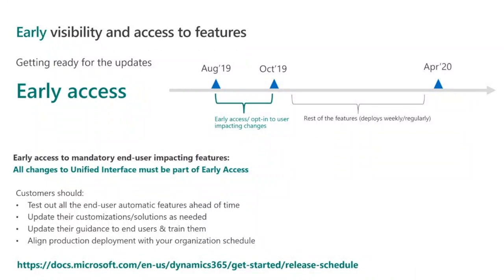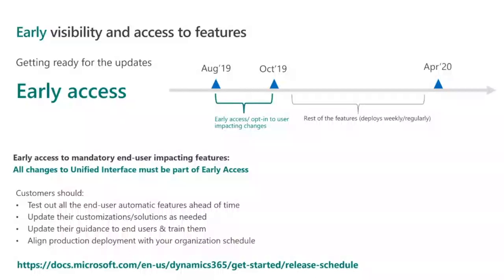So during these 2 months that we're providing you the early access, you should test all of the user impacting changes. And if there are any changes that are necessary to your customization and solution, you should also be considering this within the early access period. You can also take this opportunity to roll out these changes to your production environment according to your own organization schedule.